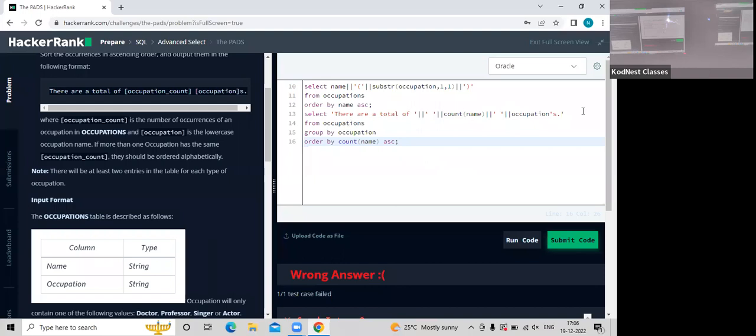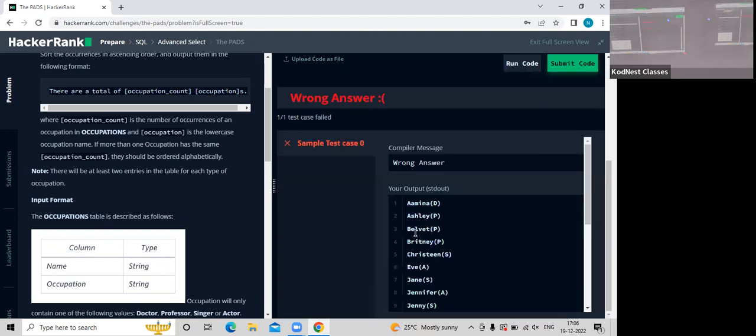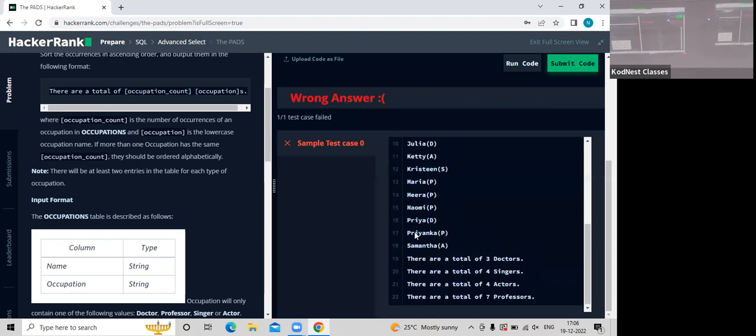Anywhere have I closed something wrong? Okay, here I should concat. For the occupation, I have to concat that, right? Let me just run this. See, but almost we are getting it.